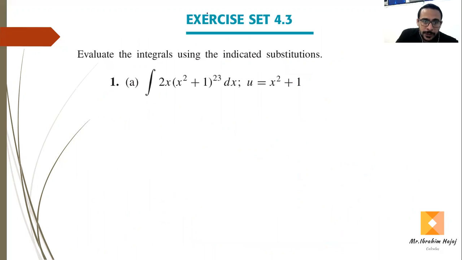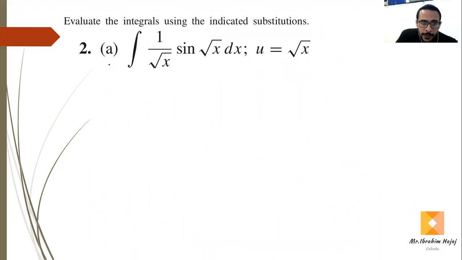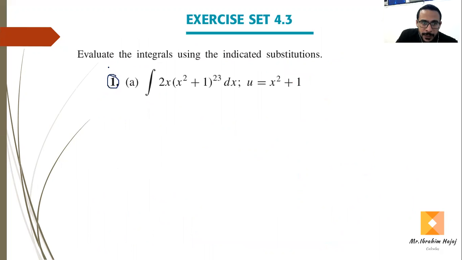Now your turn, guys. I would like you to solve question number 1A and 1B, and 2A and 2B, and send the answer now. Yes, we have 4 minutes. Let's do 1A and B only. So you have classwork, number 1, letter A and B. I'm waiting for your answer. You all know my number.